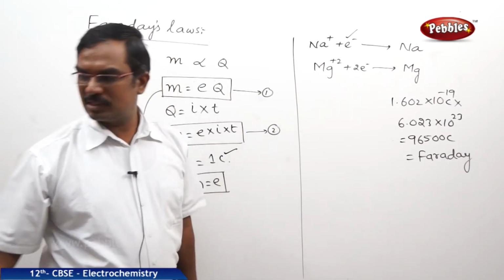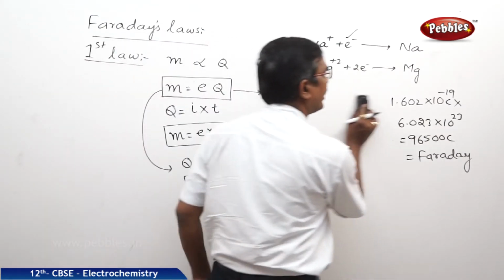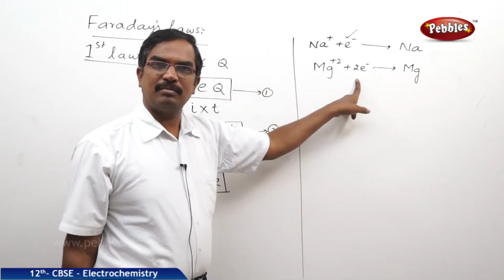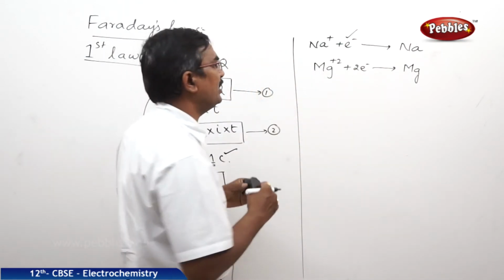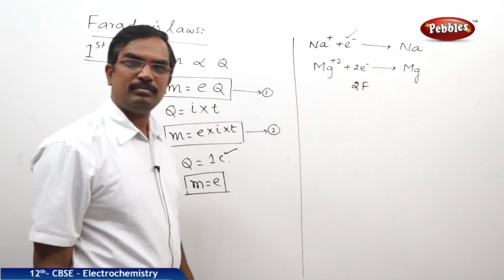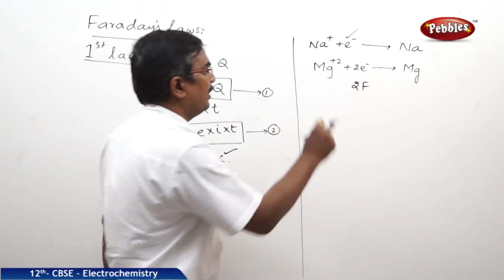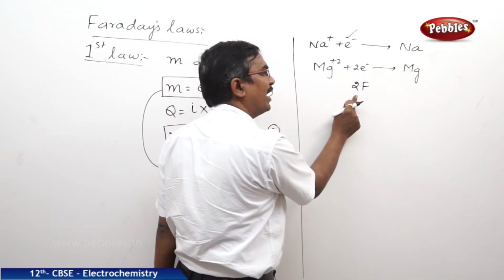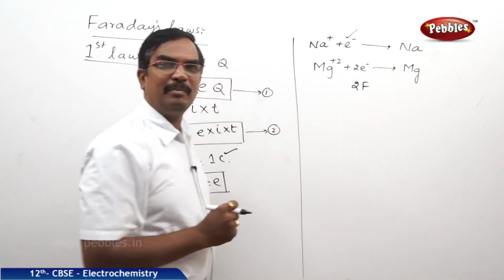Now as per this discussion, in the second case I am using 2 moles of electrons. So what is the charge carried by 2 moles of electrons? I can write it as 2 Faradays. That means by taking 2 Faradays, we are getting 1 mole of magnesium from 1 mole of magnesium ions.